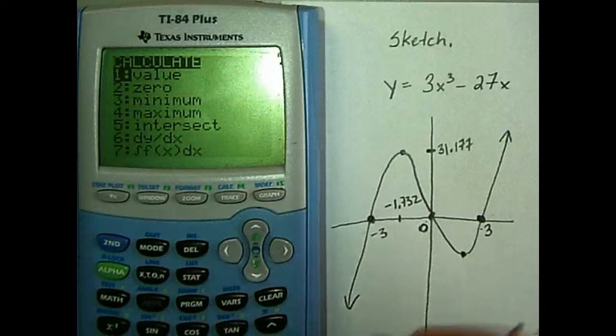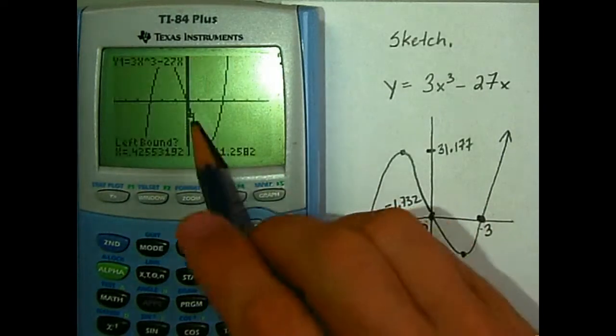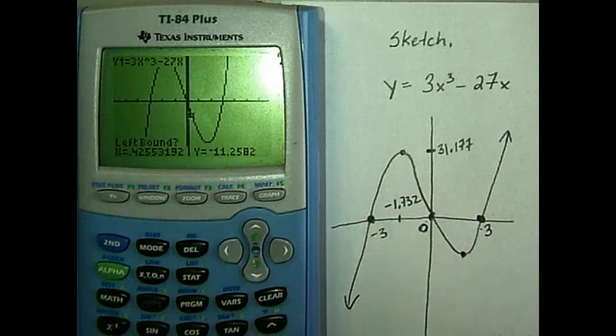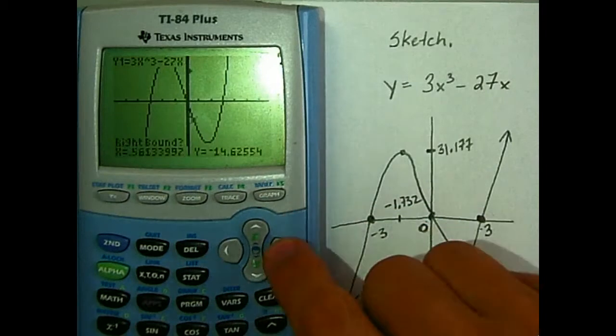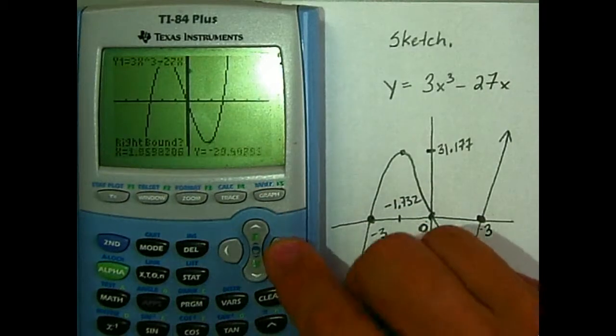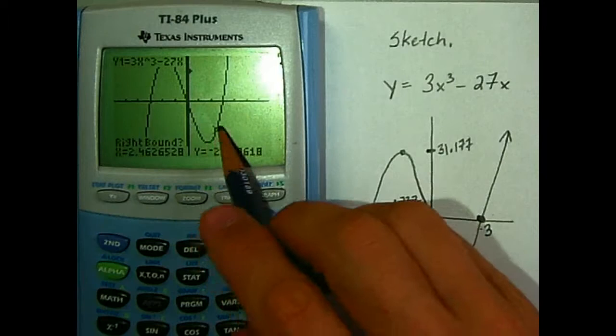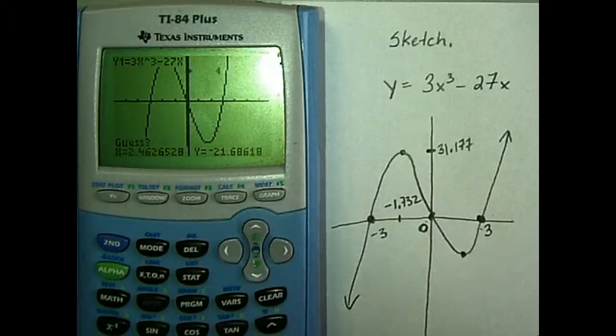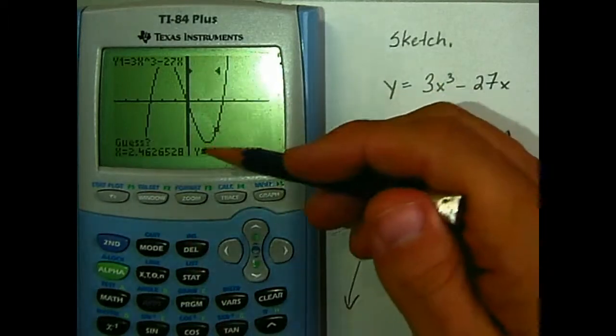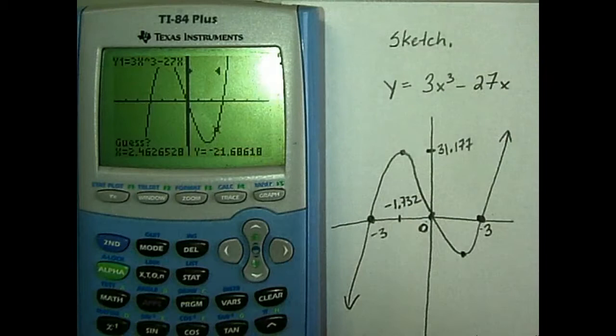So I push 3 this time, and enter. My cursor is already to the left of the point that I want to go to, so I push enter. I whip it around. I want to find this point here, so I go to the right of that point, push enter again. My goalposts are set up, my point is in between them, so I push enter, and that'll give me this minimum.